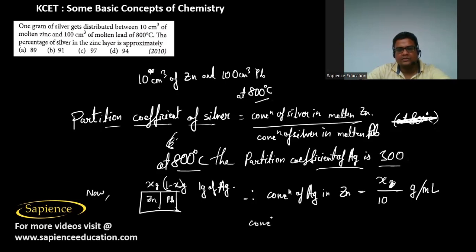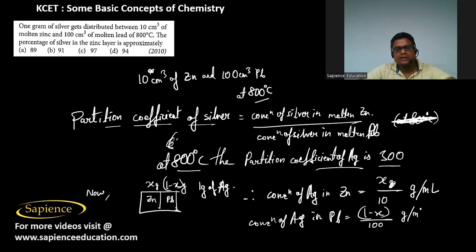Then the concentration of silver in lead will be equal to 1 minus X by 100 gram per ml. Since 1 ml is 1 centimeter cube, the volume of the molten zinc is given as 10 ml, and the volume of molten lead is given as 100 ml.